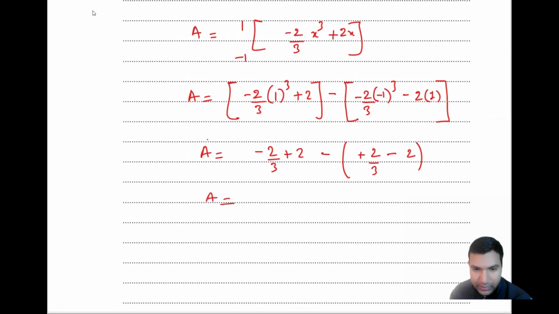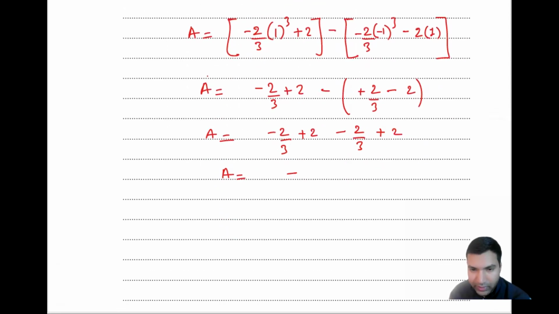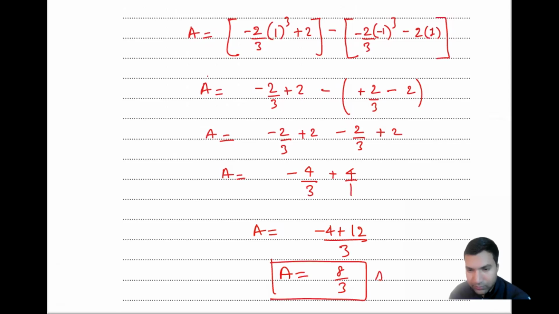If I open the brackets, I get negative 2 over 3 plus 2 minus 2 over 3 and then plus 2. So we get negative 2 over 3, negative 2 over 3 gives you negative 4 over 3 plus 2 is 4, and therefore A equal to, if I take the LCM, negative 4 plus 4 times 3 is 12 over 3, and therefore A equal to 8 over 3 square units obviously.